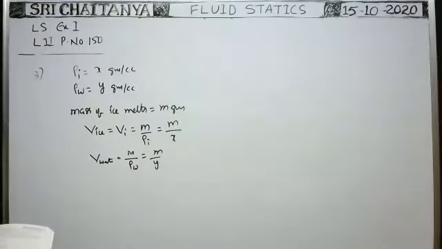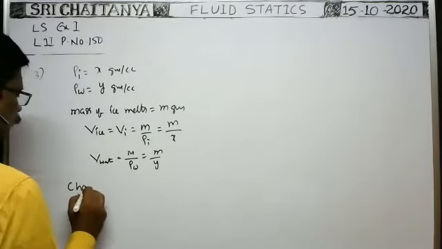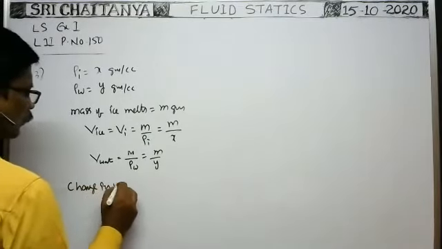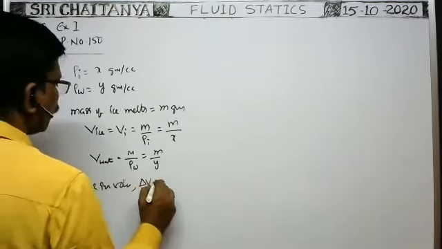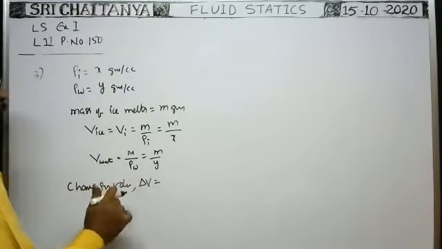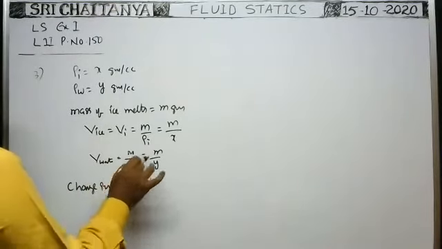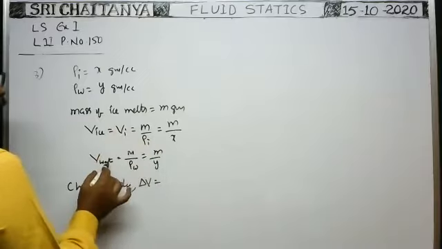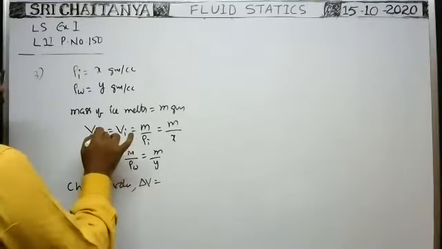Okay. Now what is the change in volume? They ask for the change in volume. Change in volume delta V is equal to, whose volume is more? As the density of water is greater than the density of the ice, definitely the volume of water is less than the volume of the ice.